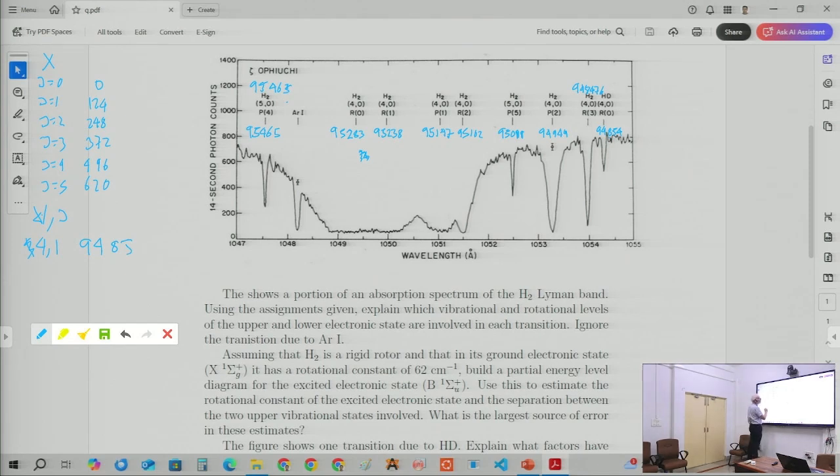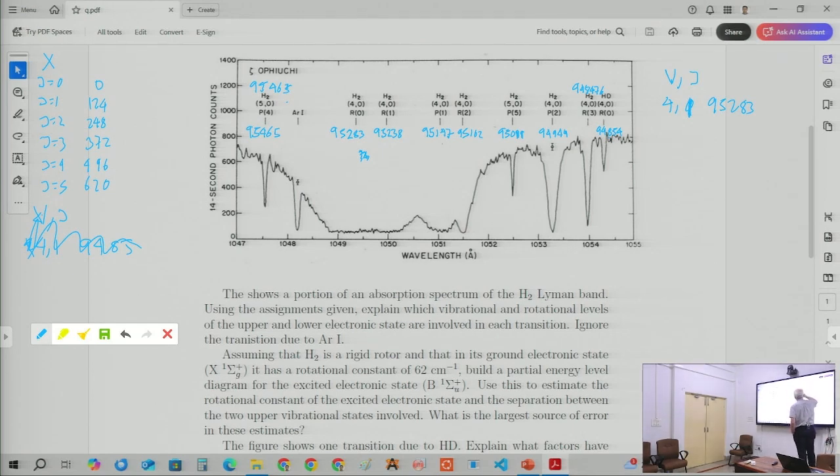Sorry, I'm starting off with HD. Forget that. Start again, over here. We're doing Vj in the upper state. V4 J1 is at 95283, and this one gives us V4 J0.